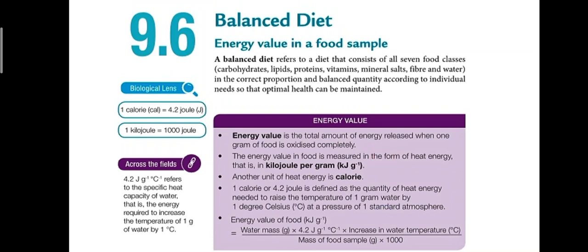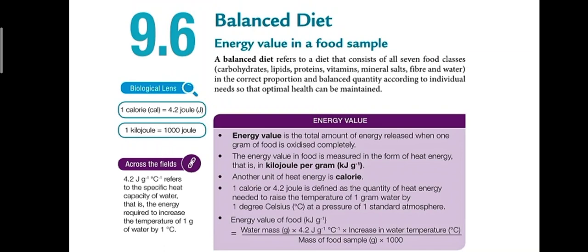Untuk calculate energy value of food in kilojoule per gram, ini adalah formula dia. The first one, the mass of water in gram, you times with 4.2 joule per gram per degree Celsius. This is the specific heat capacity of water, yaitu energi yang diperlukan untuk menaikkan suhu 1 gram air 1 degree Celsius.